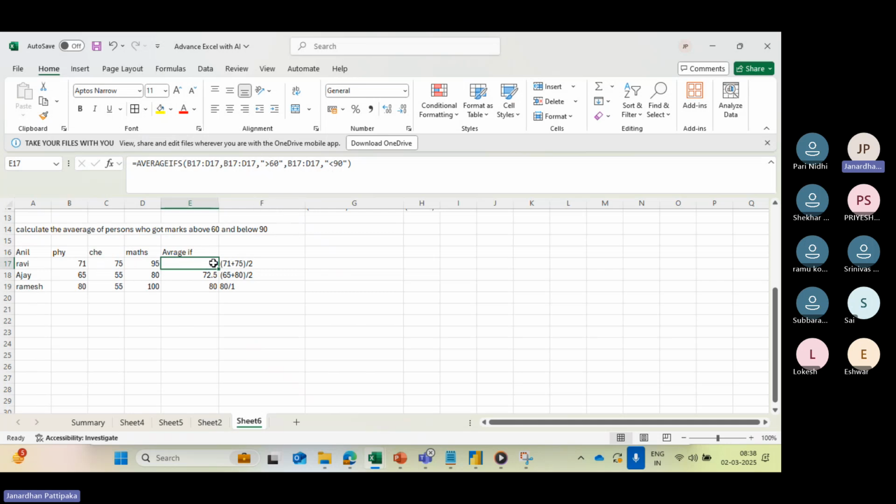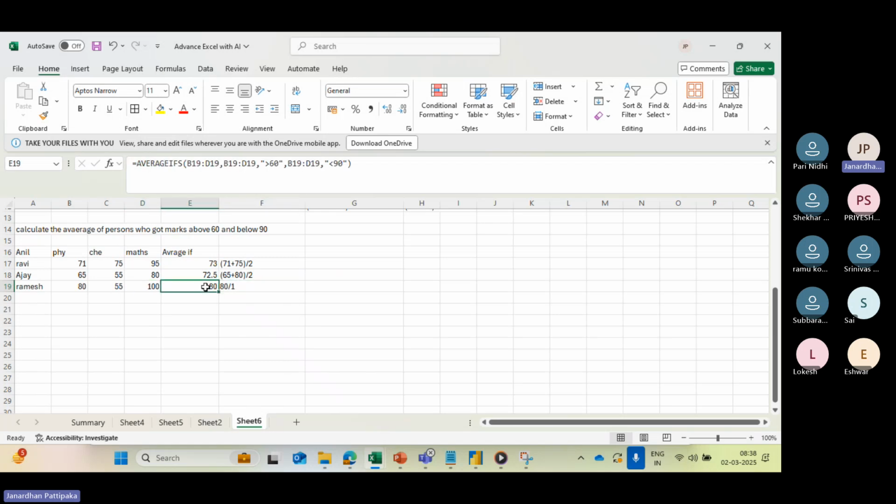So only these two are there, 71 plus 75 by 2. Here 65 and 80 are there. 55 is not there because it is below 60, it will not be considered. This will not be considered because it is above 90, and it will calculate 80 by 1 and you will get the desired output as 80.